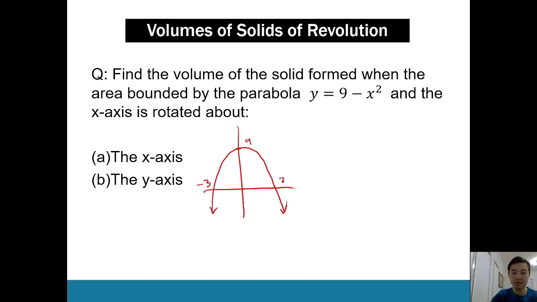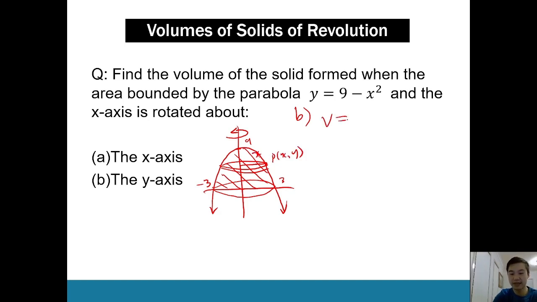So the area bounded by this parabola and the x-axis, for part B, we are rotating around the y-axis. So it will look like a dome shape. And when we slice, the radius of the slice is going to be x.